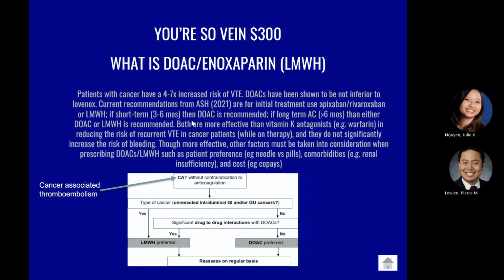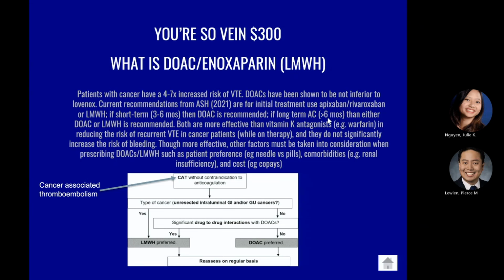So patients with cancer have a 4 to 7 times increased chance of having a VTE, and in the current recommendations for the initial treatment by ASH in 2021, they said you could use Eliquis or Xarelto or Lovenox. If it's a short-term period that you know of, then might as well do a DOAC for 3 to 6 months.